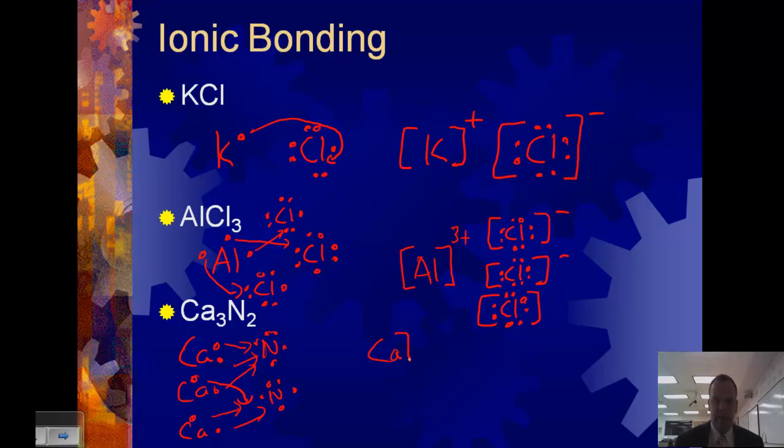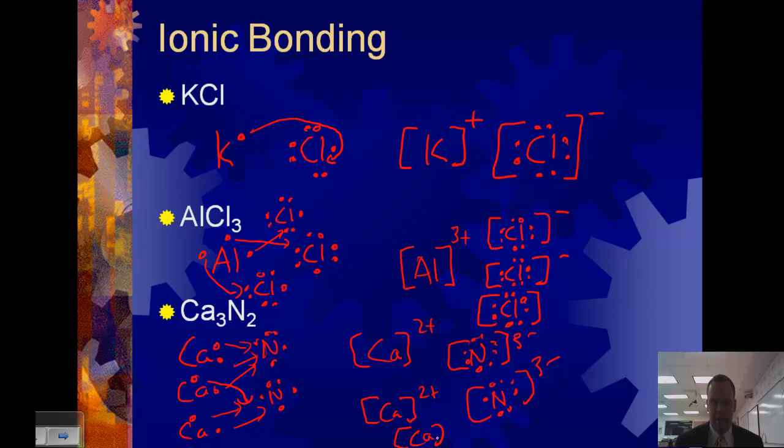So we end up with Ca 2+, Ca 2+, N with 8 dots, 3-, N 3-. We have 1 more, Ca 2+. Here you can see why the charges are the way they are and why they put together in the atoms that they do.